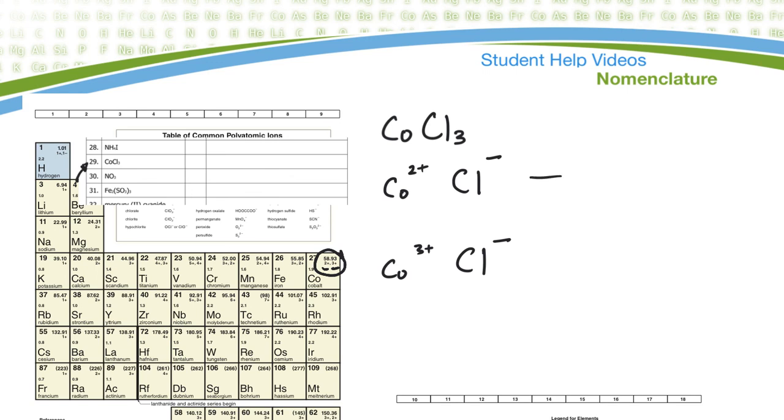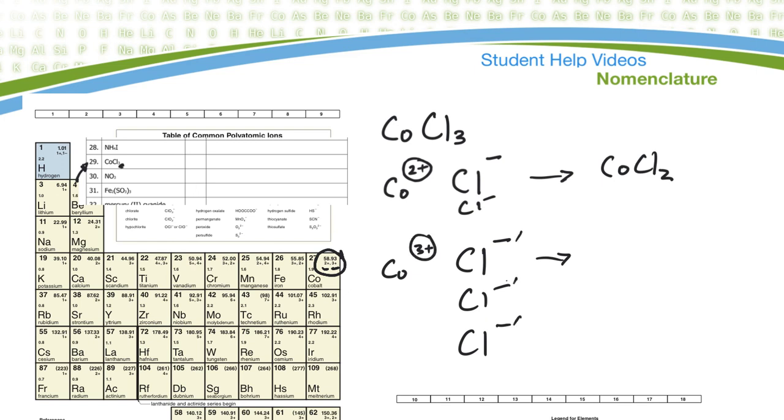Okay, so if this was the 2 plus case, then to balance things out, I would need 2 chlorines to balance the 2 positive from the cobalt. So this would be CoCl2. But that's not what I have, right? I've got a 3 there, so it's got to be this one. So it looks like I need to have 3 chlorines. The 3 minuses here will balance out the 3 plus.